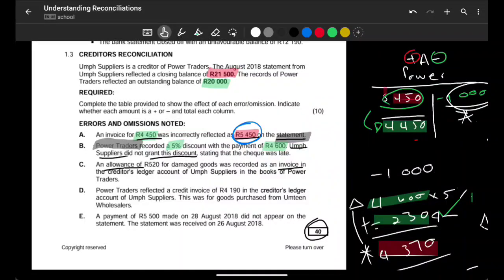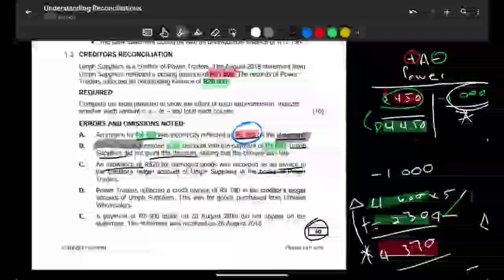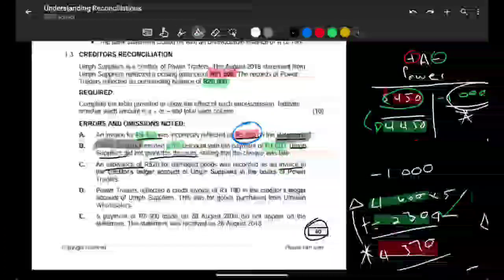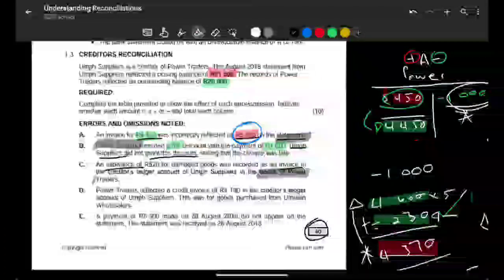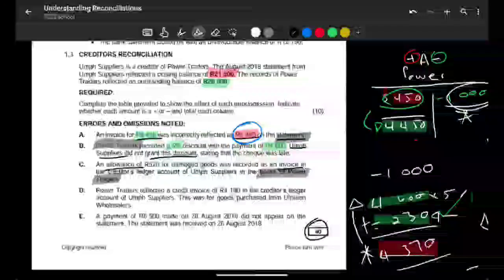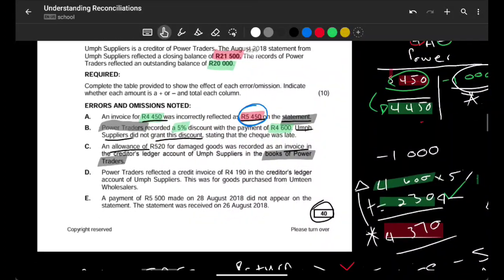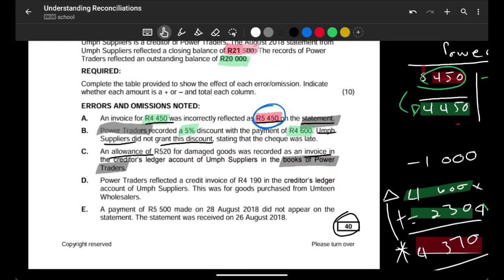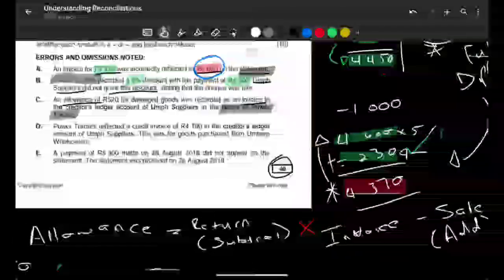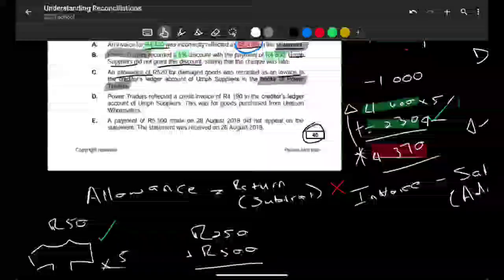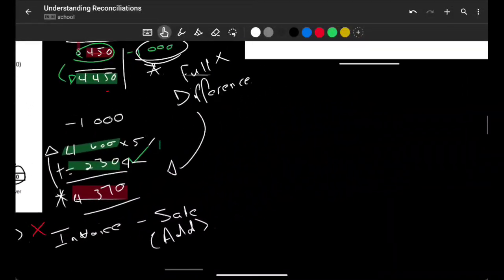And then they're also saying here, in the books of Power Traders, in our books, right? So now we know who made the mistake. We made the mistake. Now we also want to understand what actually is the mistake. An allowance of 520 for damaged goods was recorded as an invoice. So we were supposed to record a return, but we recorded it as a sale, right? So essentially this is what happened.